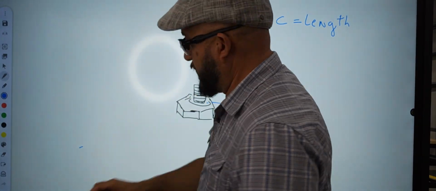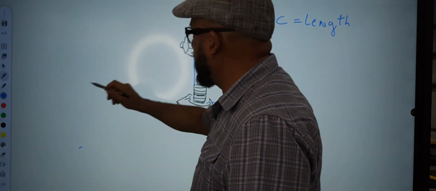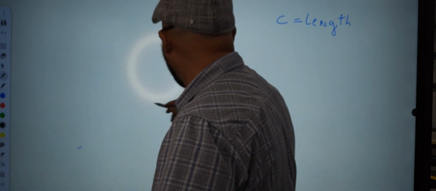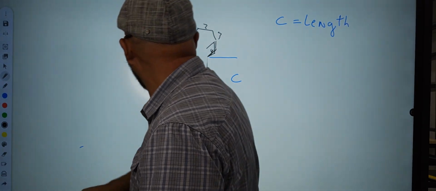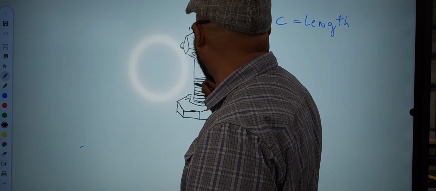So a bolt comes here, and let's say you have the threads up to just this point.